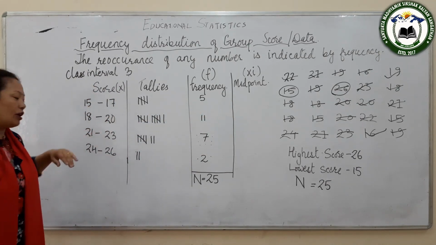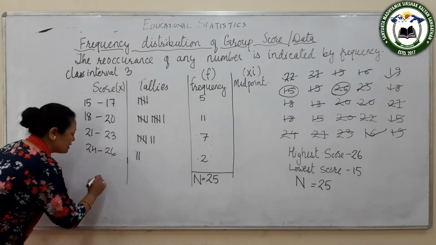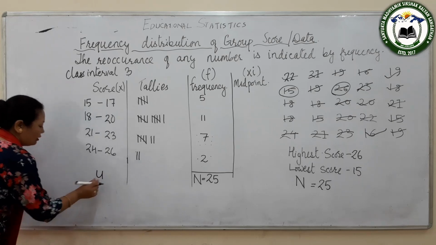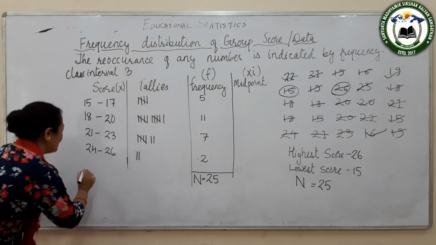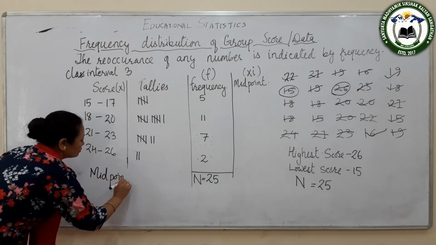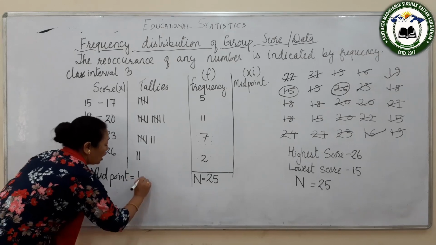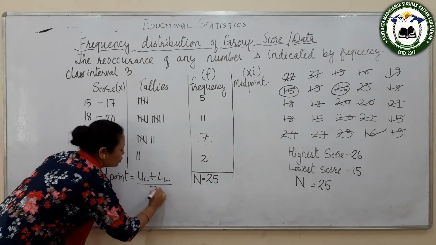Now there is one formula to find it, that is midpoint equals upper limit plus lower limit divided by 2.